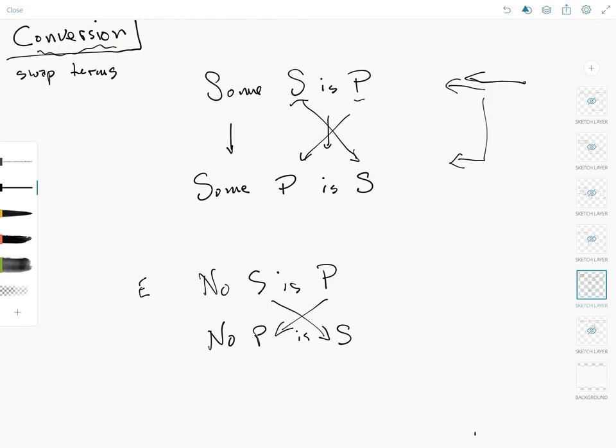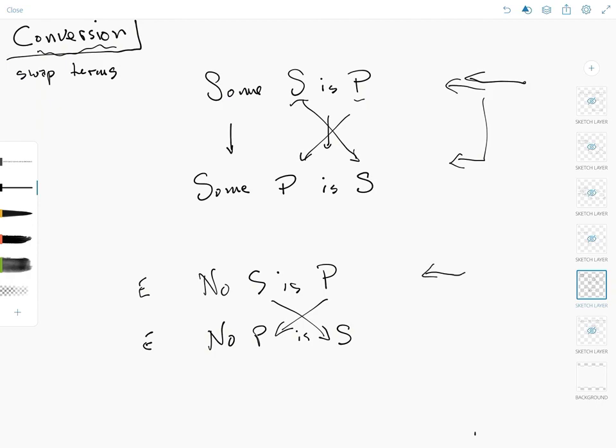subject and predicate terms. It's important to notice that this mechanical transformation leaves a lot of things unaffected. So for instance, the E is universal. The result is also an E. Notice it's an E in terms of its form, universal negative. So the conclusion is universal.